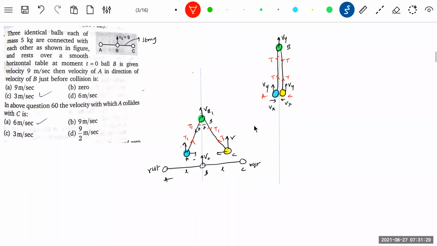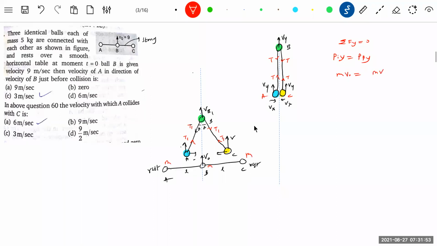What is the net force on the system along the y-axis? It will be 0, since T1 cos theta and T1 cos theta cancel. So the net force on the system along the y-axis is 0, therefore initial momentum equals final momentum. The initial momentum is m v naught.